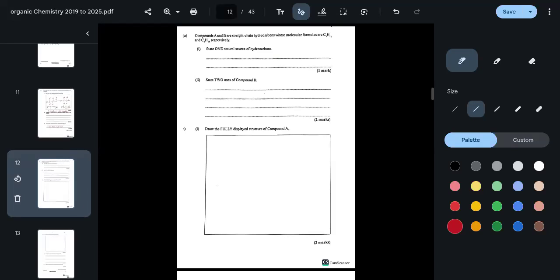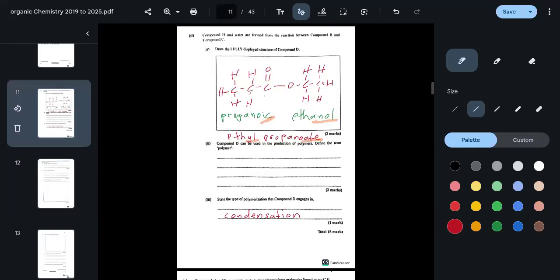Alkenes, addition. Anything outside of alkene, condensation.